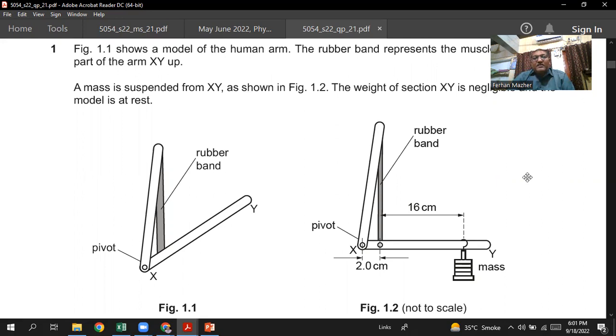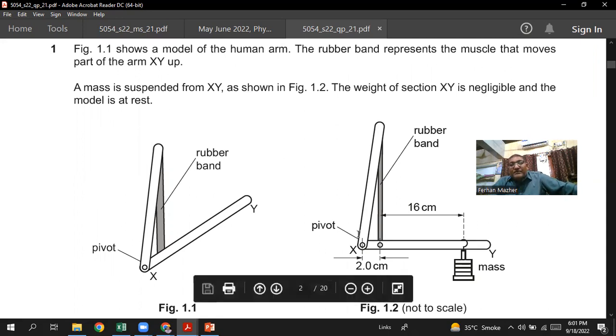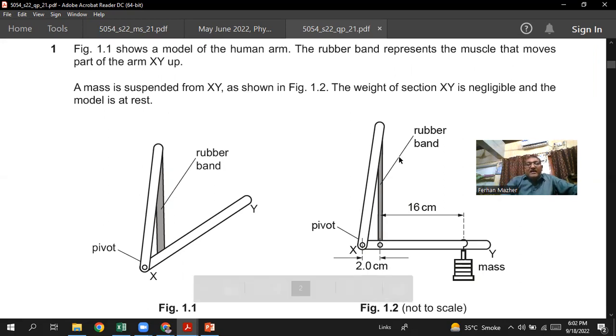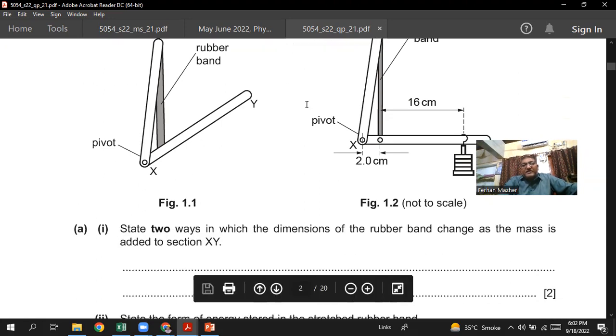The weight of the section XY is negligible and the model is at rest. Here you have the pivot, and here the muscle is applying the force, and its moment arm from the pivot is 2 centimeter. The moment arm of the mass is 18 centimeter from the pivot. So you should understand this.